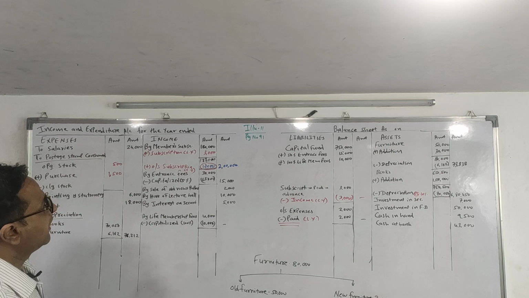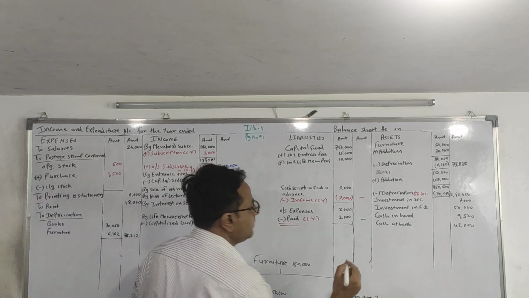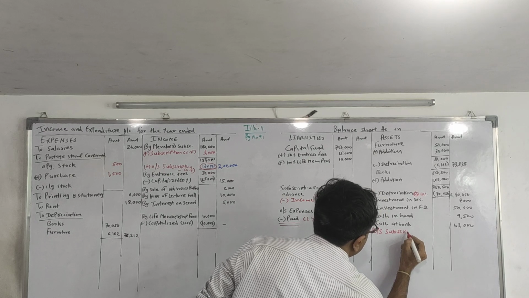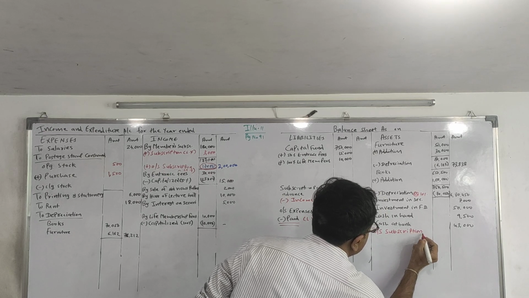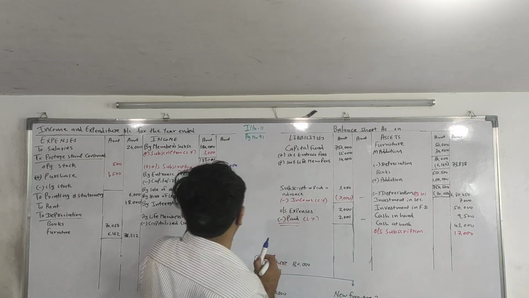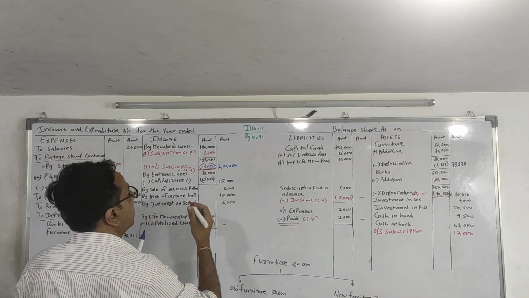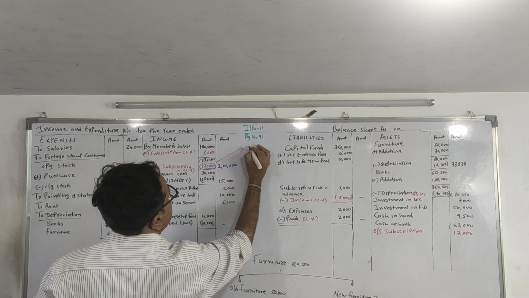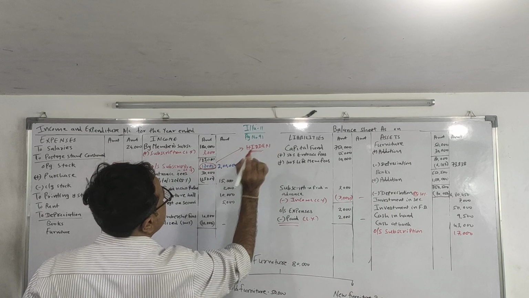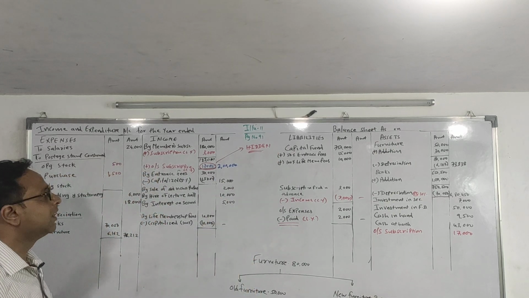We will write it on the asset side. So this is how this 17,000 has come. It is a hidden adjustment. It is not mentioned in your question.